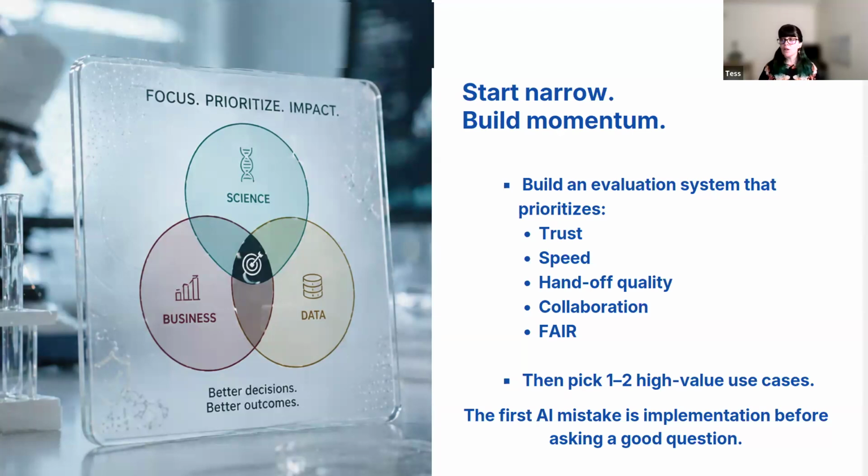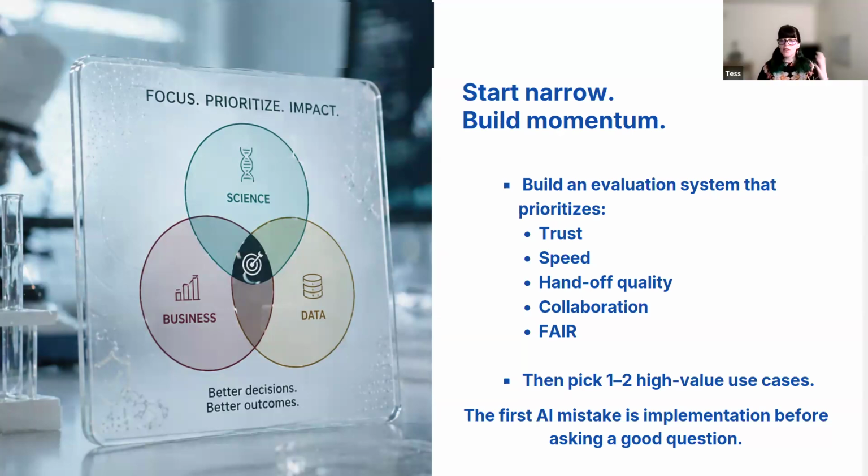How much speed are we improving? What is the value of the efficiency that we're trying to create? How are we handing off? Do we have the right things in place to have a handoff between the different people who are operating within this use case? But in addition to these evaluation topics that I have here, each lab should have their own unique evaluation systems.